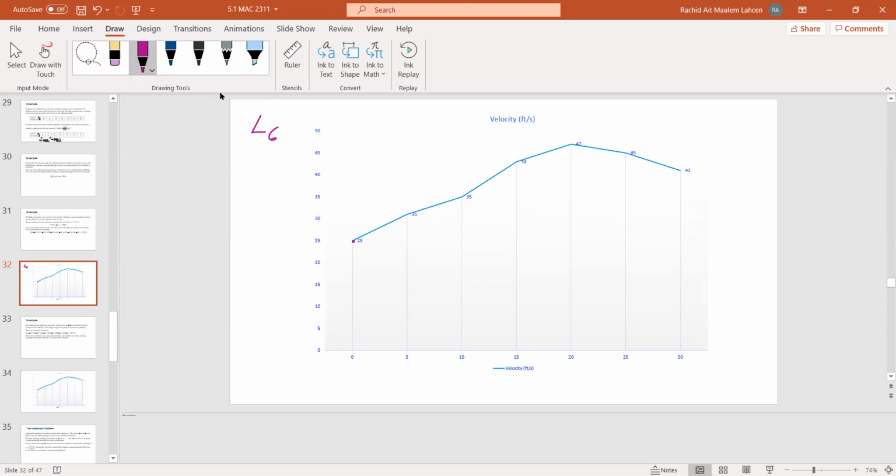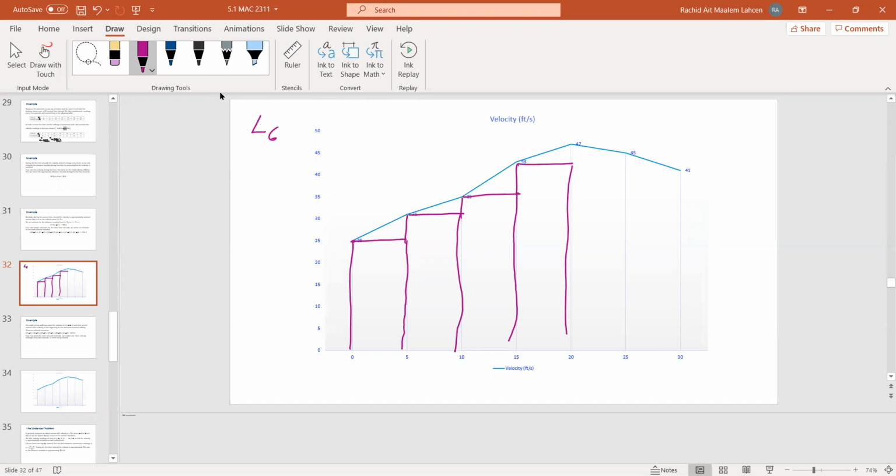So this first one is here, right? That's the area of the first rectangle, and that's the second one, and 35, that's the next one, and that's the next one, and that's the next one.